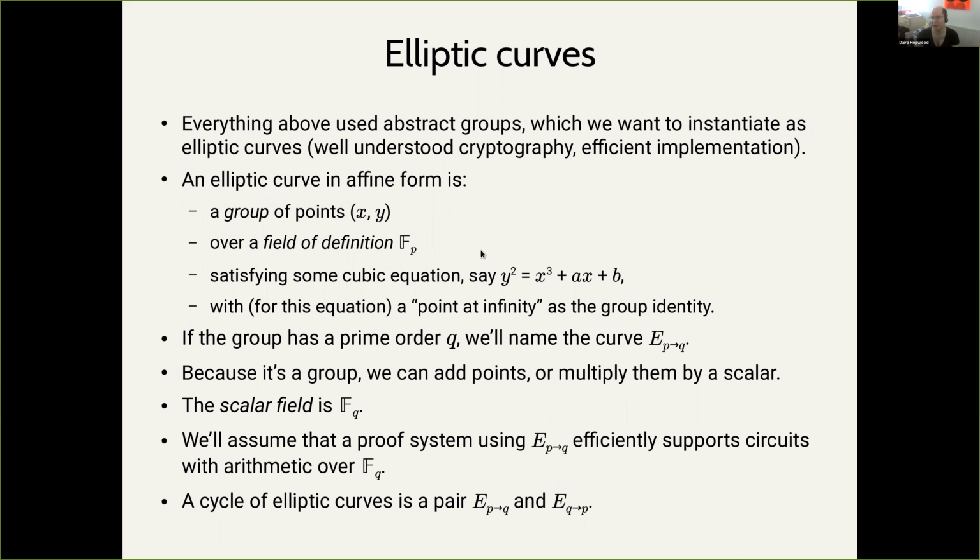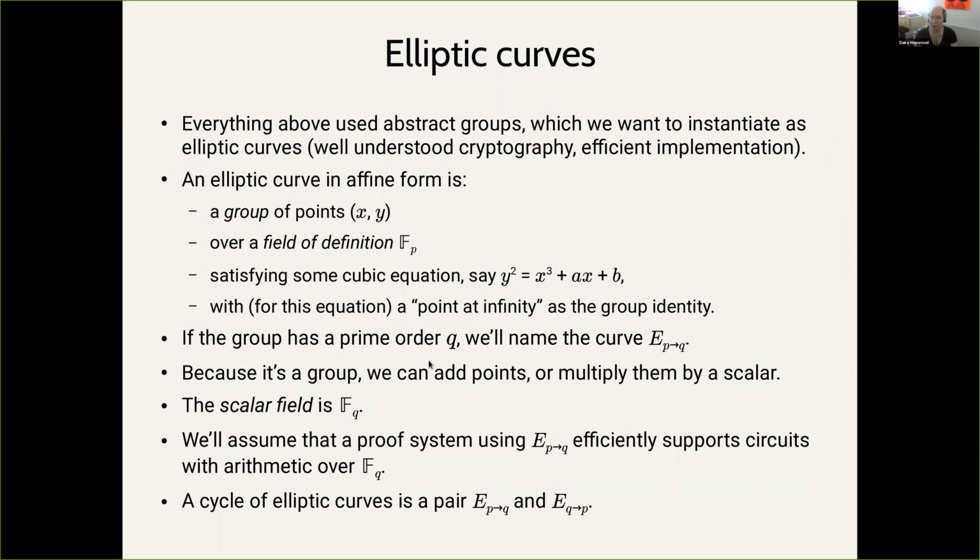It turns out that for implementation in a circuit, it's easiest to use this affine form. Often when we're implementing elliptic curve cryptography outside a circuit, we use something called projective form to avoid inversions, but that doesn't turn out to be efficient in a circuit. These coordinates satisfy some equation, and we also add a point at infinity to act as the group identity.